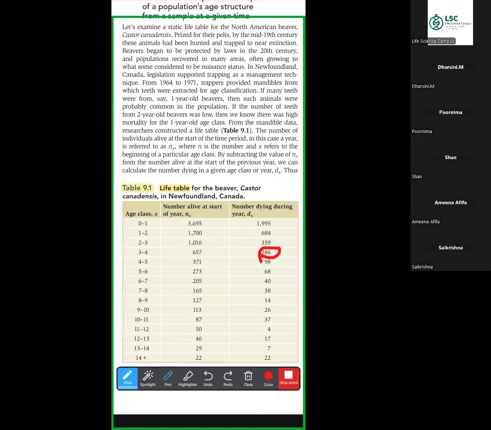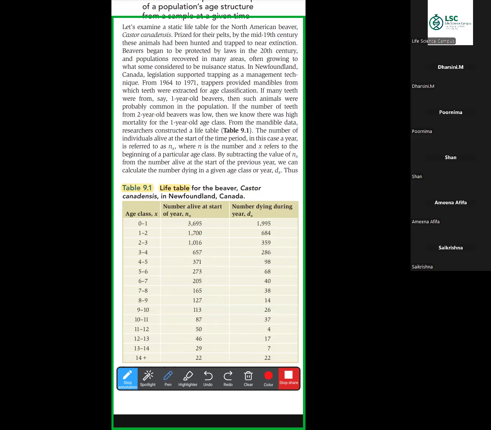So in order to calculate the number of dying individuals during a particular age class, subtract the number of individuals present in that age class from the number of individuals present in the succeeding age class. Succeeding age class means coming age class. Preceding age class means the before age class, the age class before the particular age class.